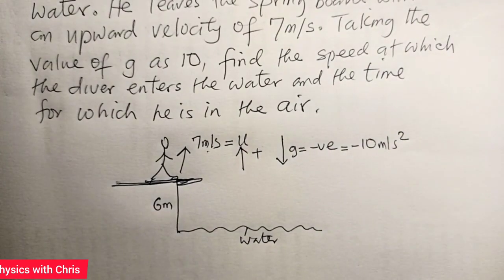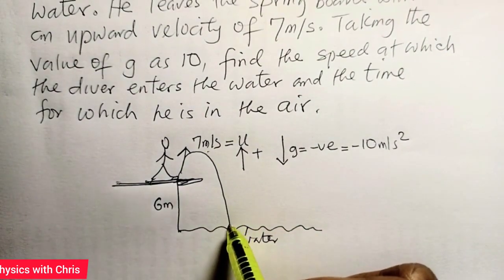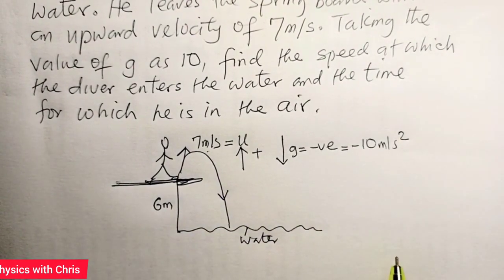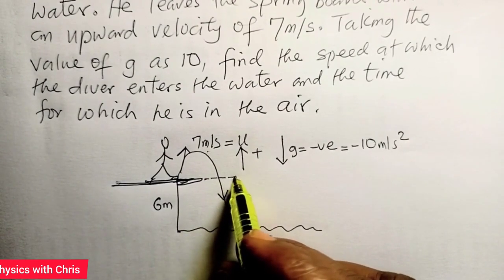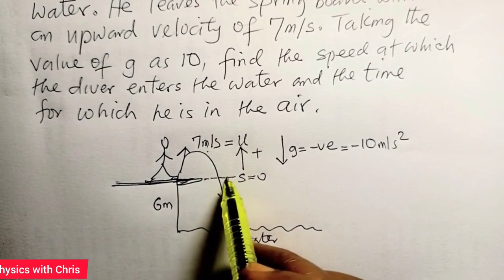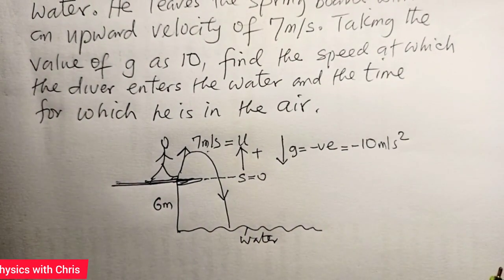Okay, so we want to find the speed at which this diver enters this water below. Now, at the point when the diver enters the water, we can decide that at this level, the diver's displacement is 0 because this is the same level as it was before he took off from the springboard.